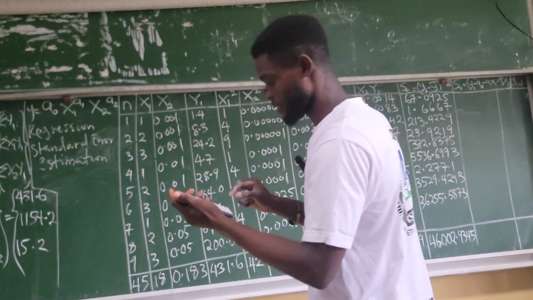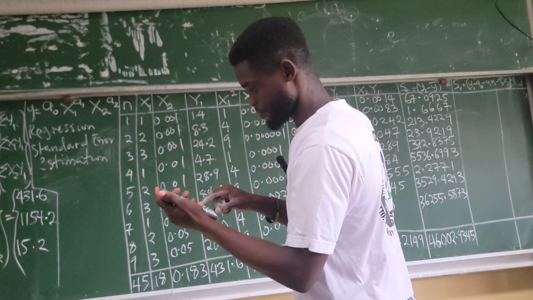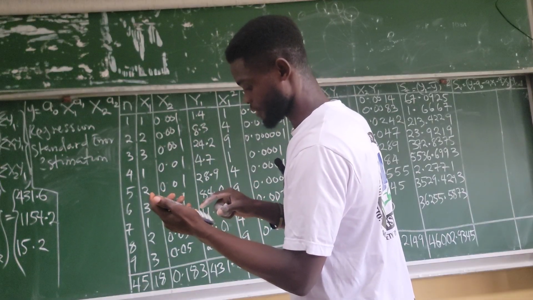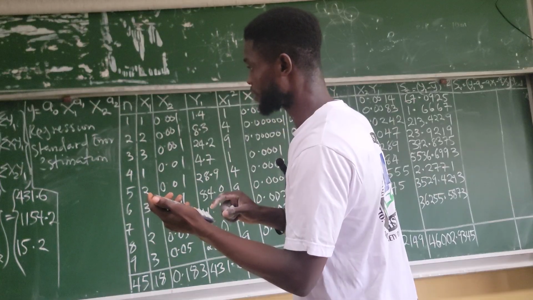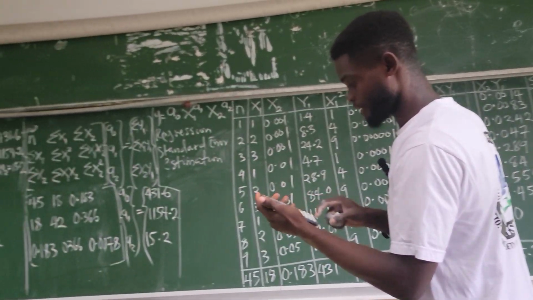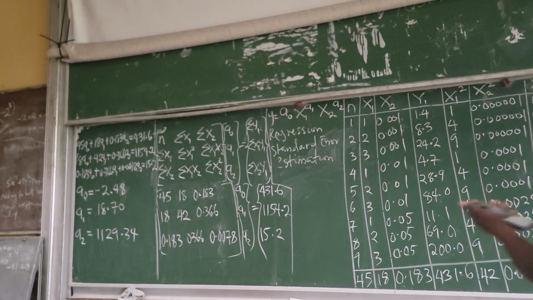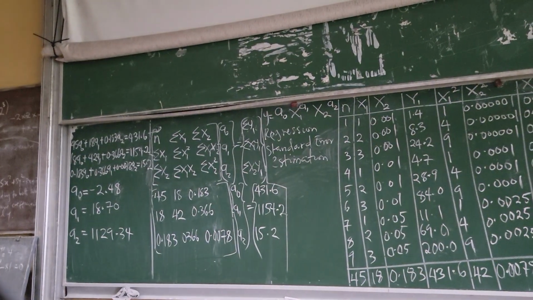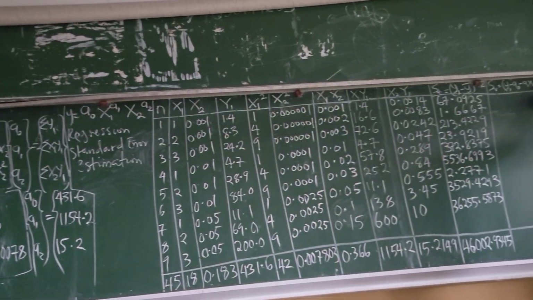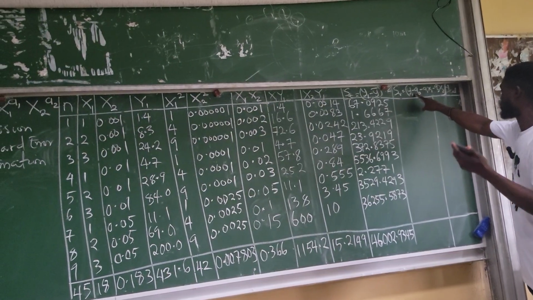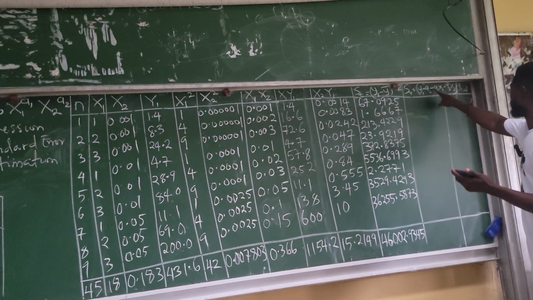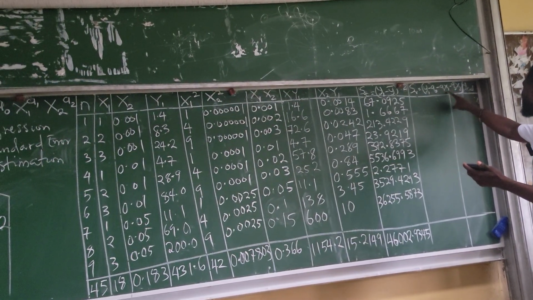A0 is brackets minus 2.48 bracket close, then minus A1 times, remember there is a minus, which is this minus. We also have minus. Then we now do A1 x1.